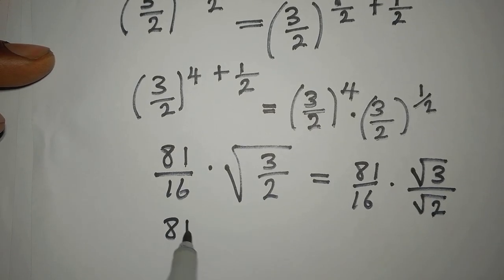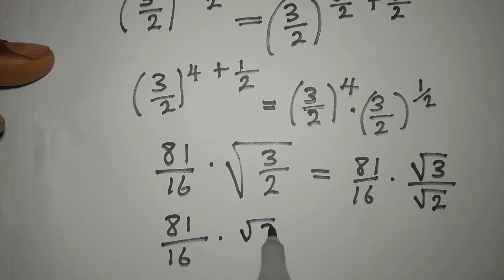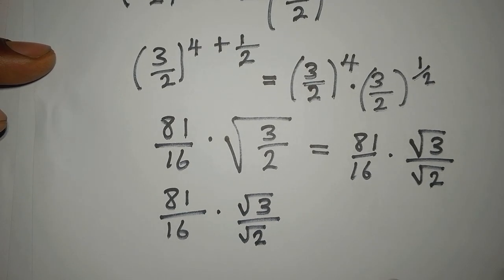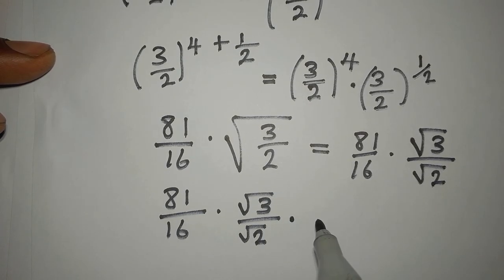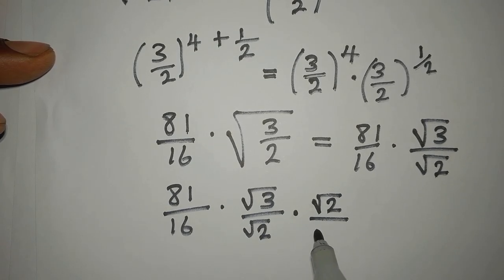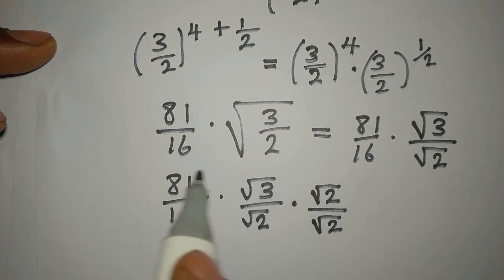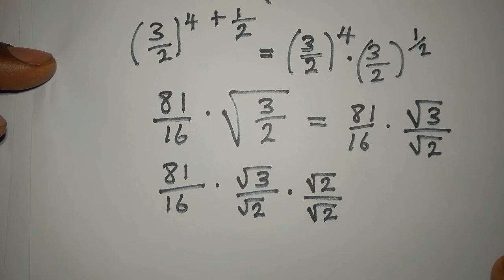So we have 81/16 multiplied by square root of 3 over square root of 2. Then to rationalize, you multiply the denominator by itself and multiply by the numerator. So we have square root of 2 over square root of 2. Remember, what we have here and this, they are the same thing, right? They are equal.